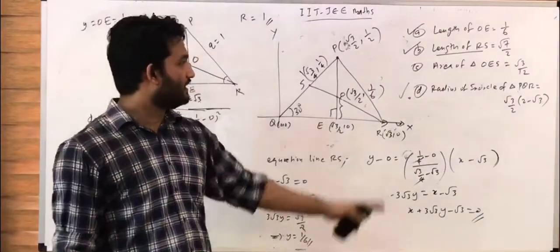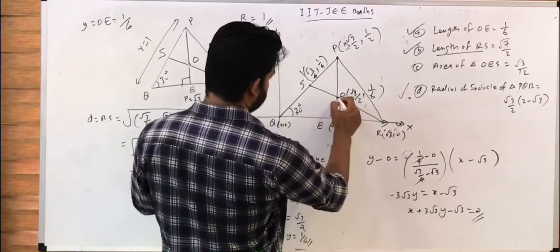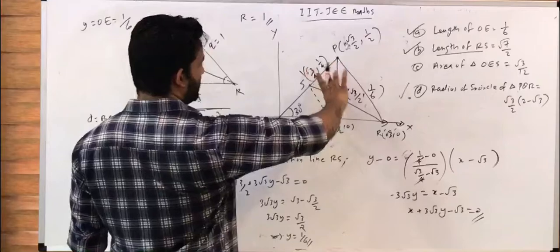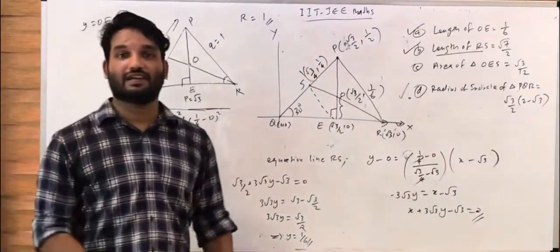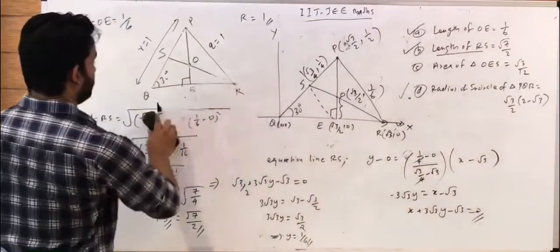Now we need to find the area of triangle OES. See, the triangle OES is here. When 3 points are given, we can find the area using the determinant.